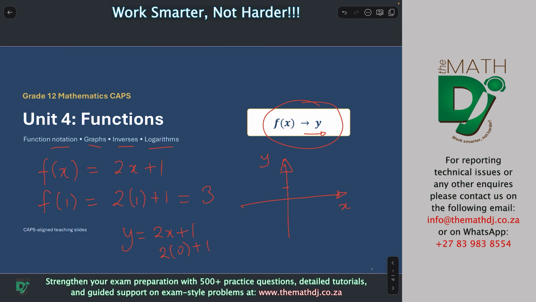When x is equal to 1, y is equal to 3. So here I can do it like this, so that I increase it.